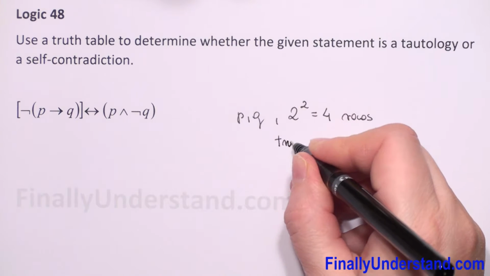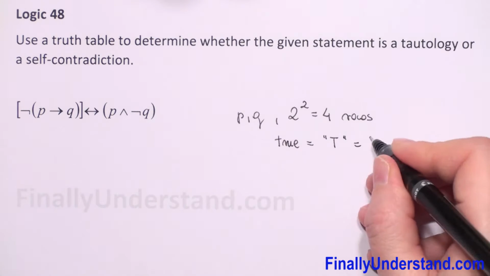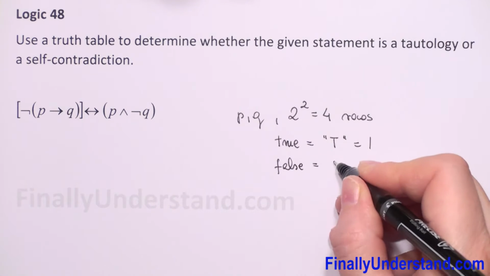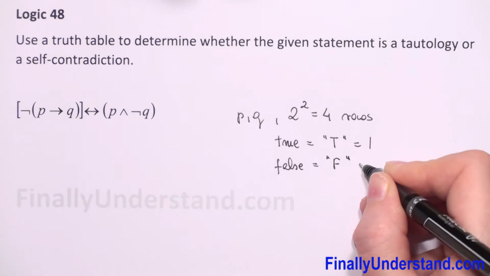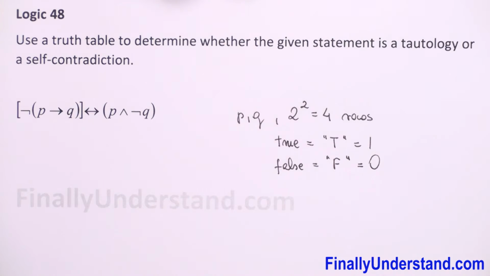For true, we can use T or 1, and for false, you can use F or 0. I like to use 1 and 0.